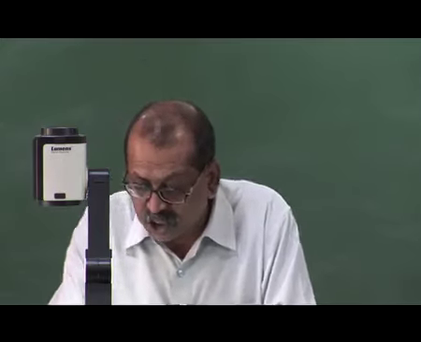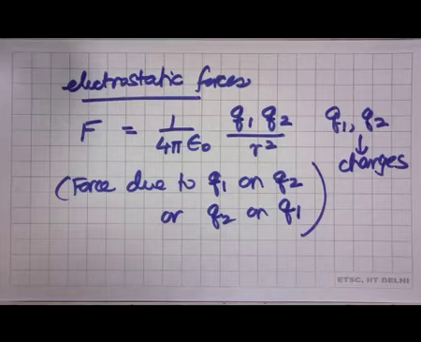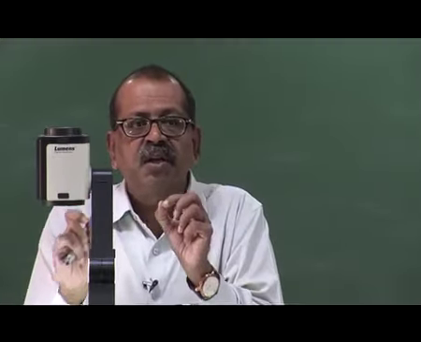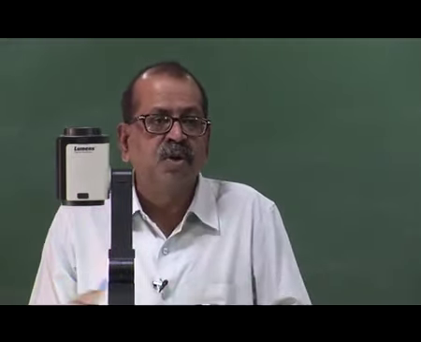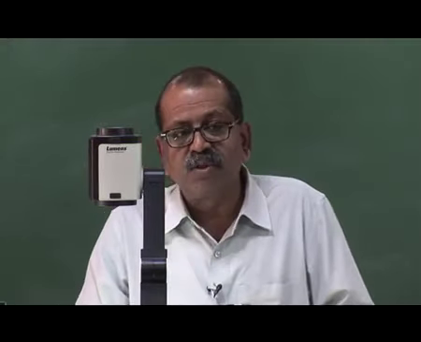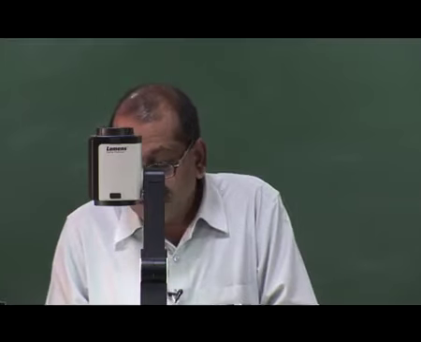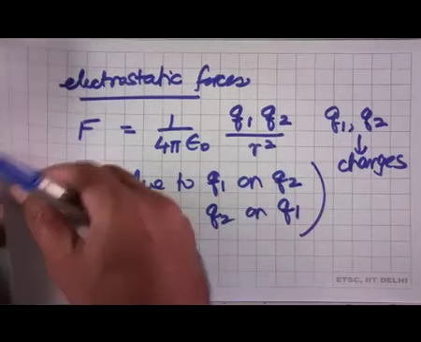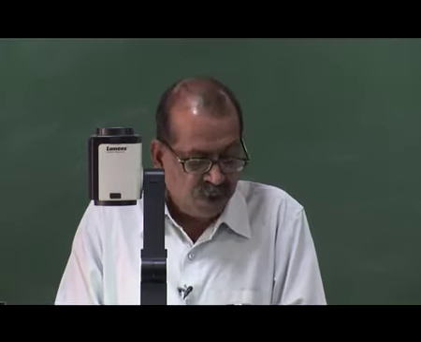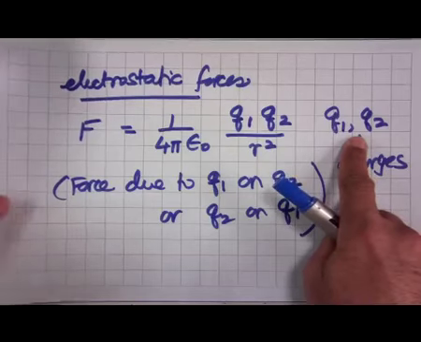But if there are two charges, they do not touch each other, still they will exert a force on each other. And here, of course, as we have discussed very early in the class, the direction will depend on the type of charges they are. It could be either attractive or repulsive. So, this is another force which acts from a distance.